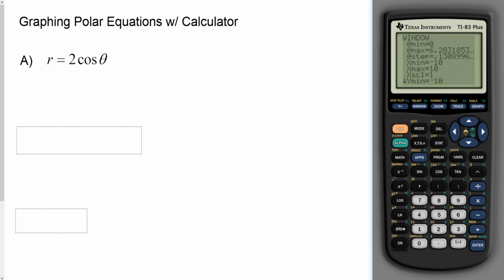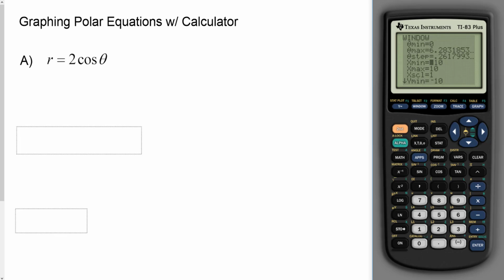Theta step. This is how often you want to compute values of theta. Multiples of 15 degrees is usually good. What I'd tend to do is just put in something like pi over 12. And that's usually fine.